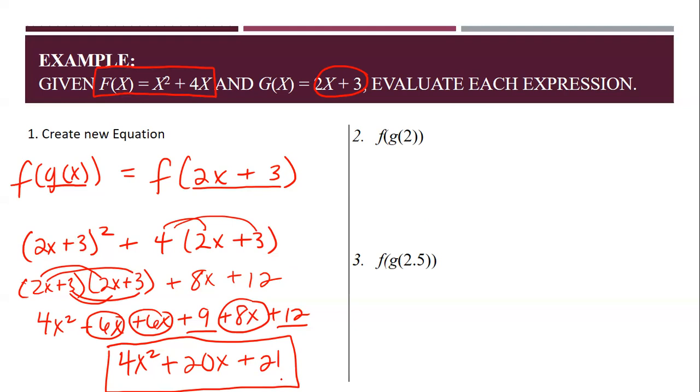So now that I have this, when I'm evaluating, all I'm doing is worrying about the x. So here you have x is 2. So I'm taking my combined function and everywhere that there's an x, I'm plugging in a 2. So this becomes 4 times 2 squared plus 20 times 2 plus 21.